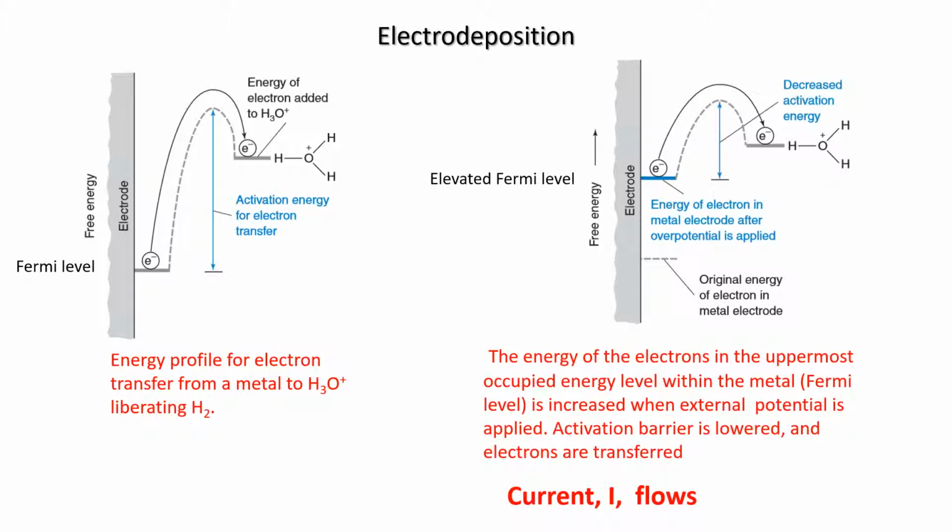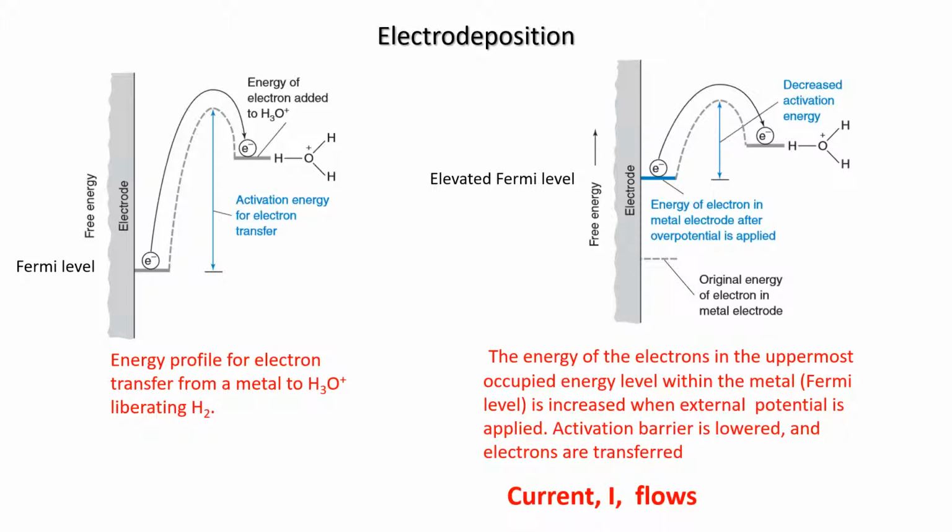The purpose of the external supply is to elevate the energy in the Fermi level of the electrode. So in the example shown, the Fermi level on the left hand side is lower, and the activation energy for electron transfer to reduce the hydronium ion and produce H2 is too high for it to be a spontaneous process.